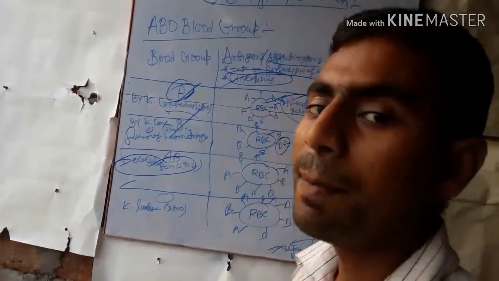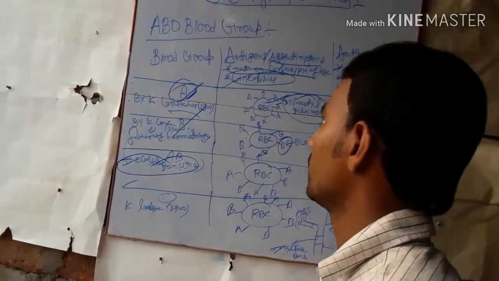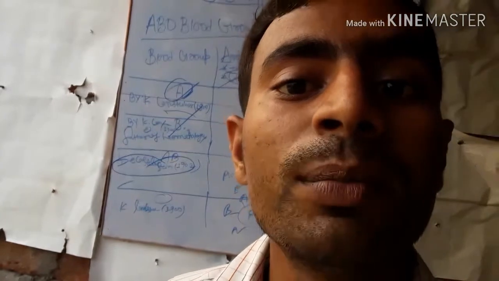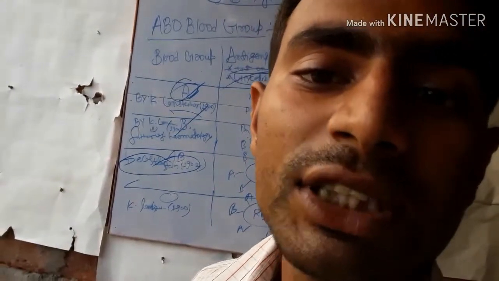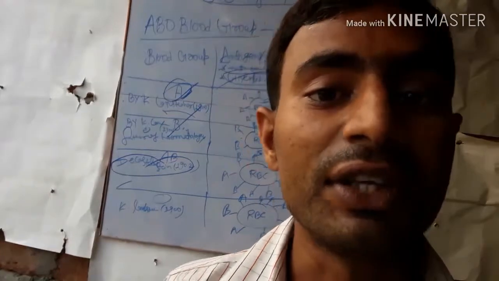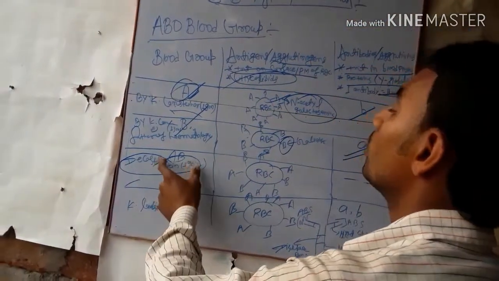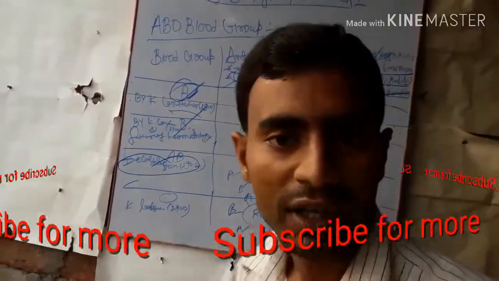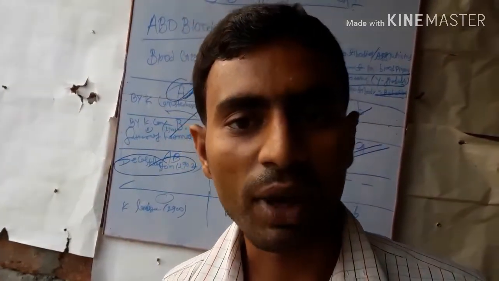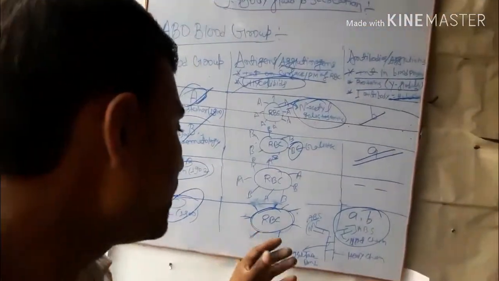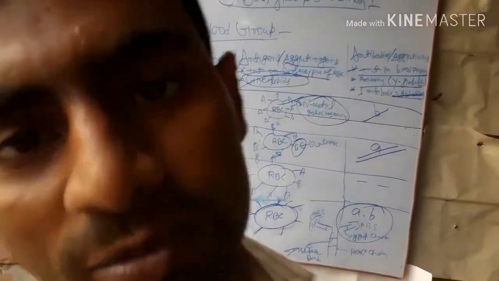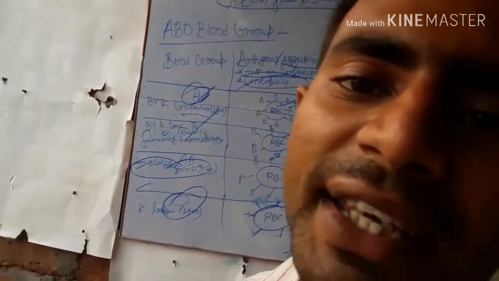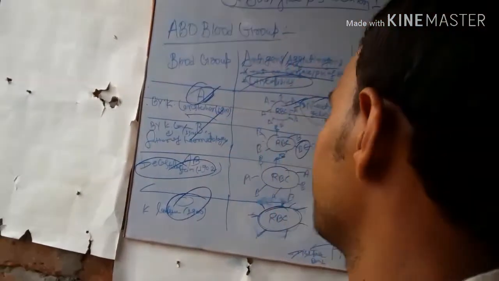If the blood group is AB, then the antigens are AB, because blood group and antigen are similar, but the antibodies are different: in blood group AB, there are no antibodies. Fourth is blood group O, also discovered by Landsteiner in 1900.